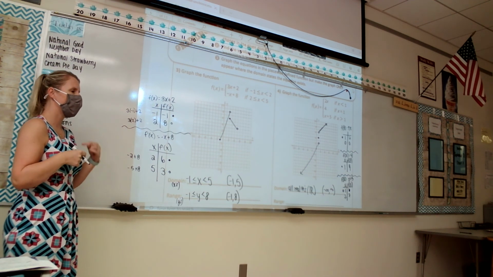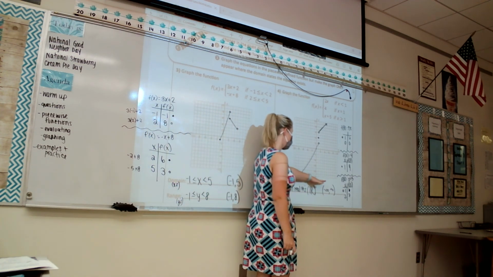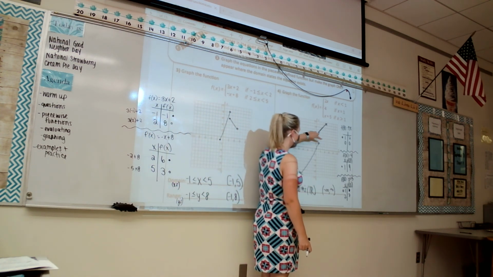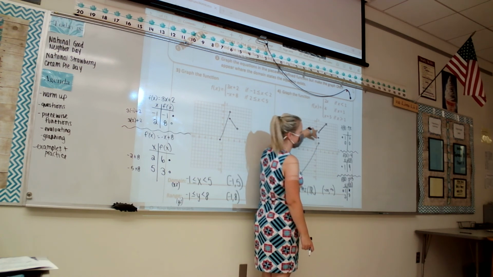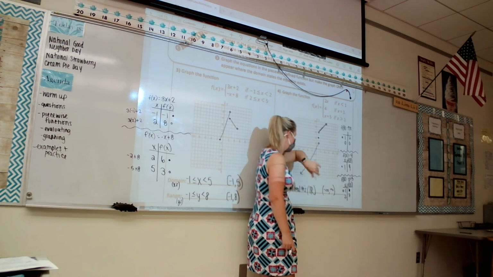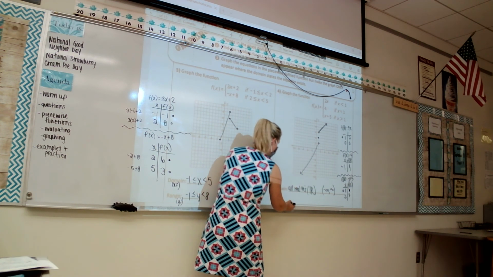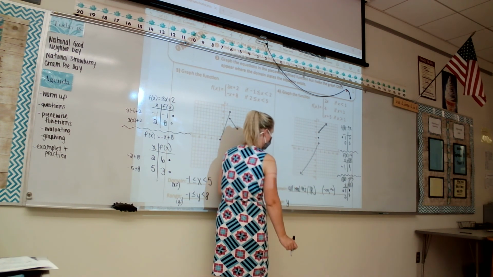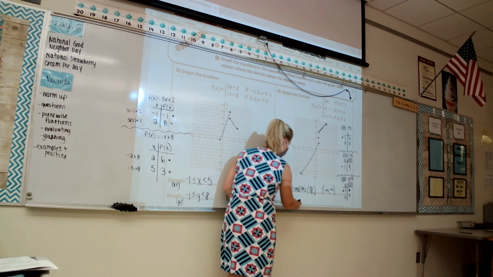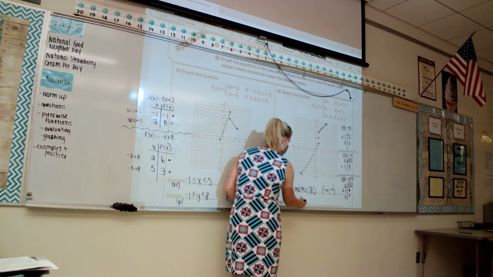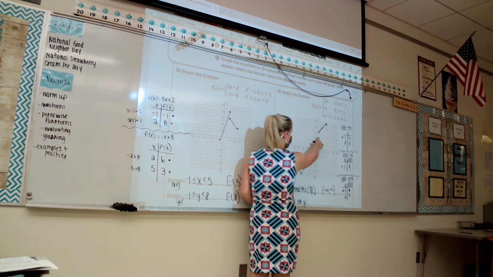The range is a little tricky on this one. If you think about it, all these numbers are included in the range. But then see how there's a gap in between these two, and then there's a gap in between those two. So you have to note that with the range. So we would write y is less than, what is that, 2? So everything's below 2. Or y is equal to 4.